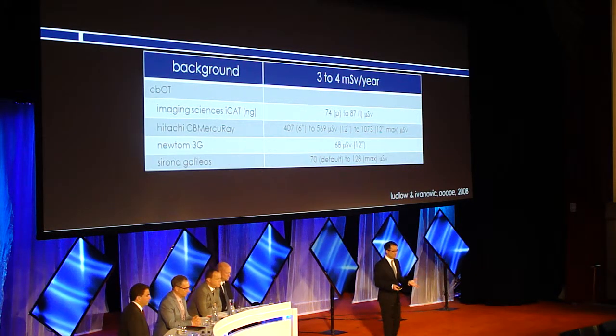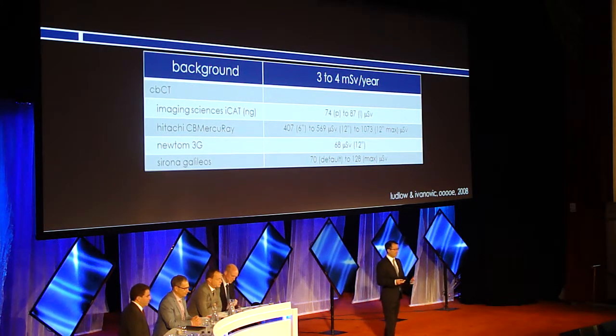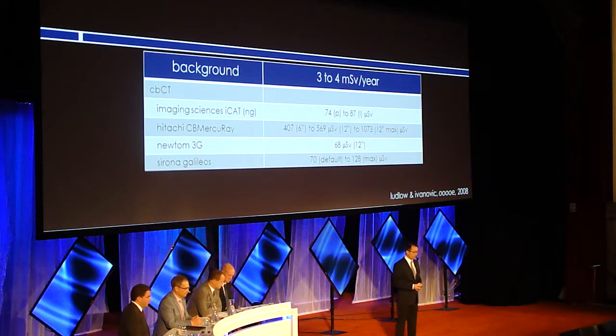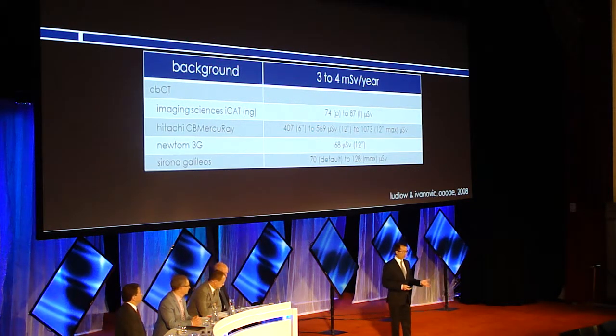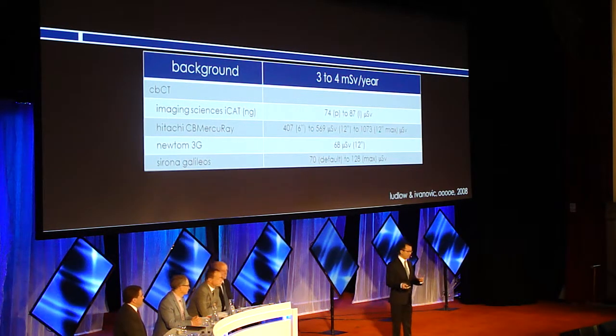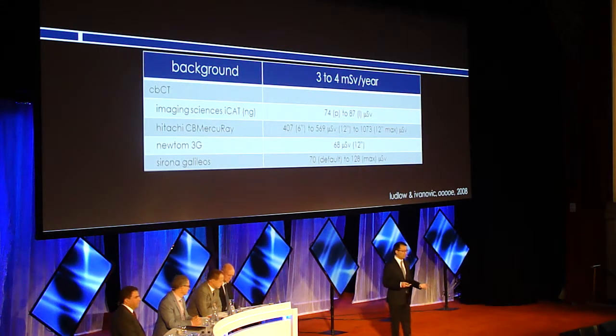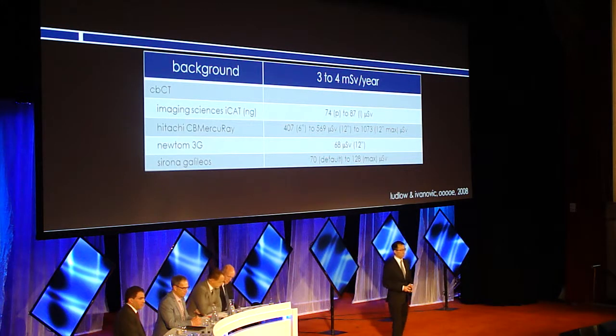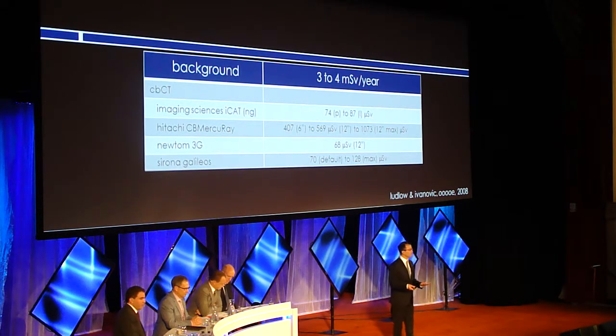For the large field systems, you can see that the dose is very wide, very broad. For a 12-inch field of view, it can range from 68 microsieverts to over 1,000, which is actually more than a medical CT study. Why is there so much variation?